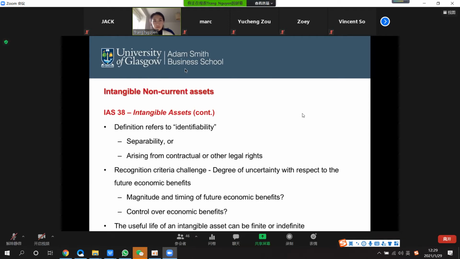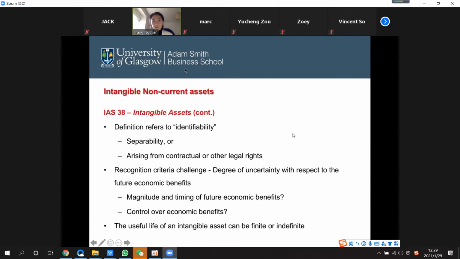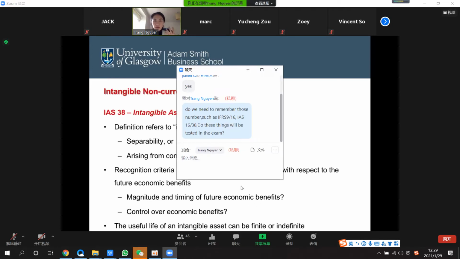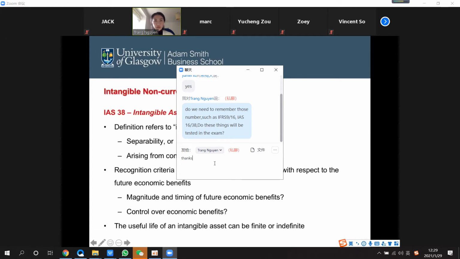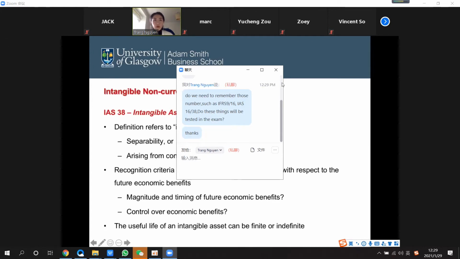We don't ask you the name of the standard for intangible assets like IAS 16 or IAS 38. You just need to understand the idea of the topics, because this is a course for students with a finance background.